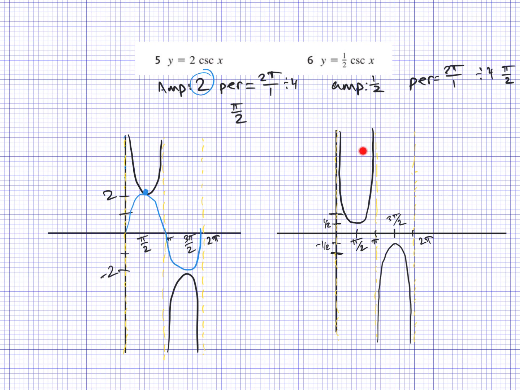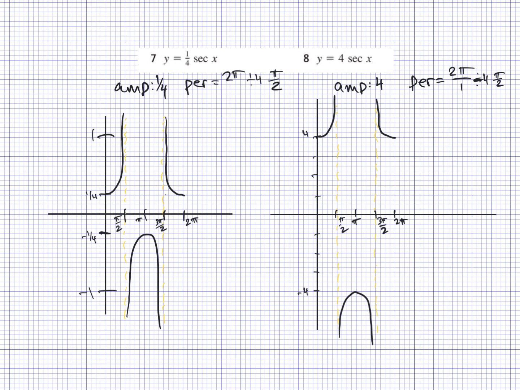Let's use a bigger pointer here. All right, number 6, notice the amplitude is 2, and here the amplitude is 1/2 for cosecant. So all it does is it gets it closer to the x-axis. You still have your sine function in there. It's just thinner than the one on the left here. Okay, secant goes with cosine, so if we draw the cosine in here, this is what your cosine would look like, except that's not what we're drawing.